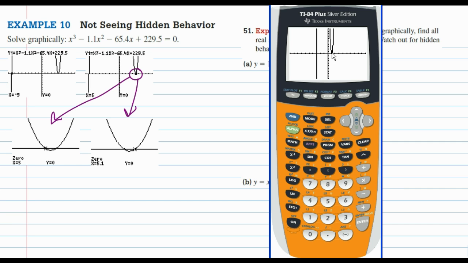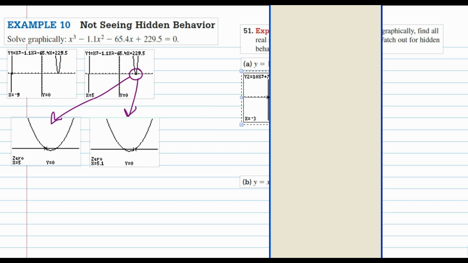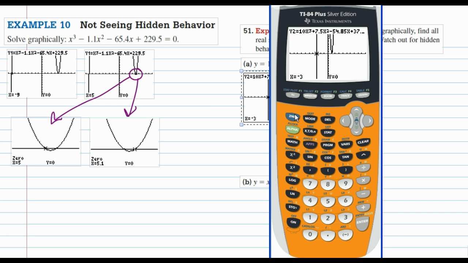I'm guessing my hidden behavior is going to be right there. I've got, let's see, I'll go trace, and I think negative 3 is going to be a 0. So I'll put that there. Now I'm going to watch for my hidden behavior right here.